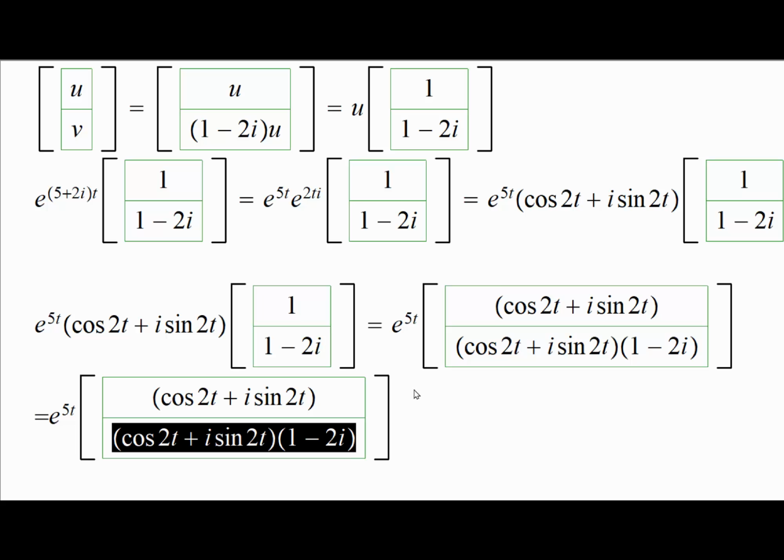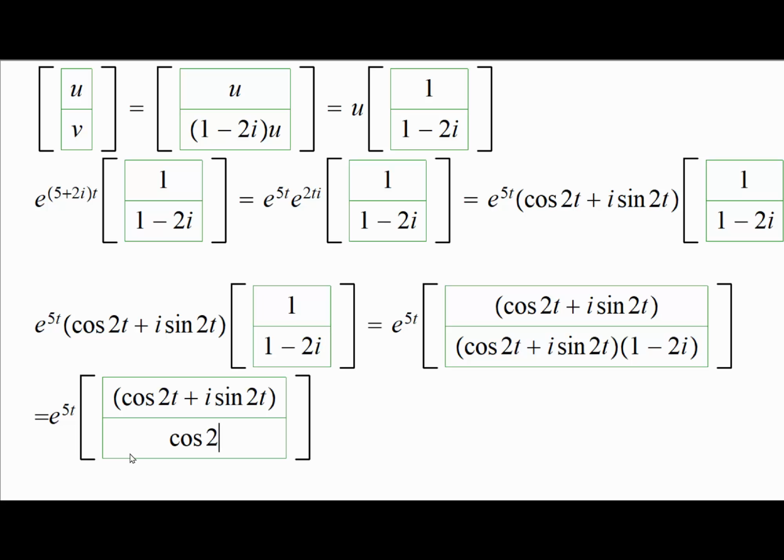First we get cosine 2 times 1, which is simply cosine of 2t, then i times sine of 2t, then multiplied by negative 2i, i squared being negative 1, that will give us how much? 2 times sine 2t.